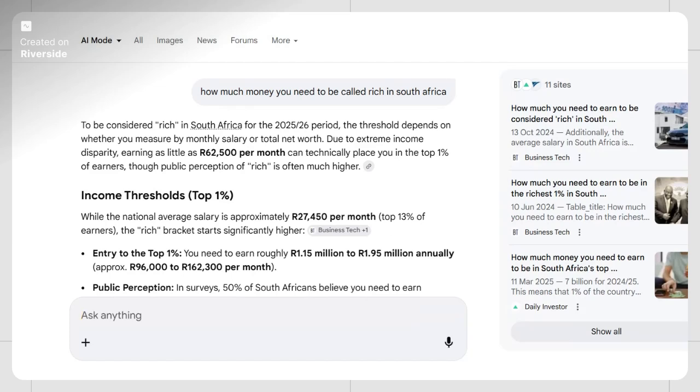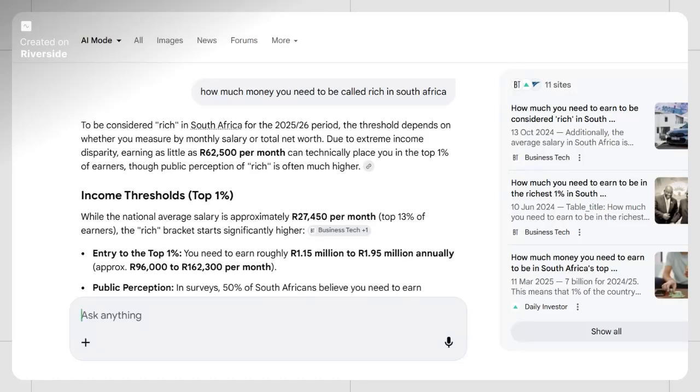How much money do you need to be called rich in South Africa? To be considered rich in South Africa for the 2025-2026 period, the threshold depends on whether you measure by monthly salary or total net worth. Due to extreme income disparity, earning as little as 62,000 per month can technically place you in the top 1% of earners, though the public perception of rich is often much higher.